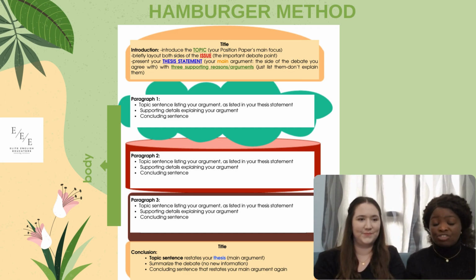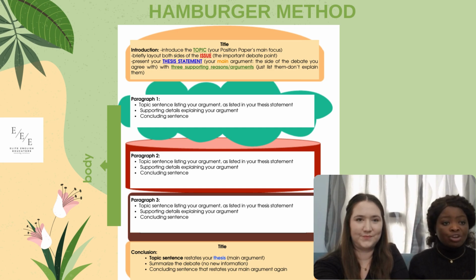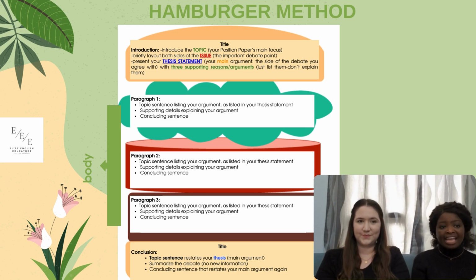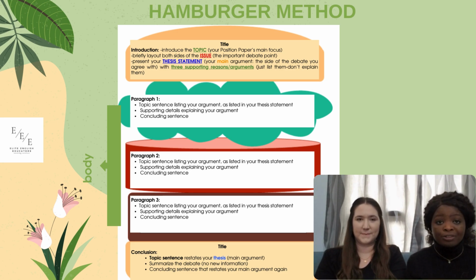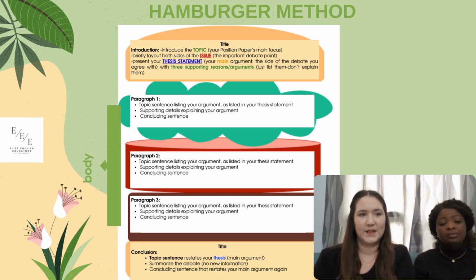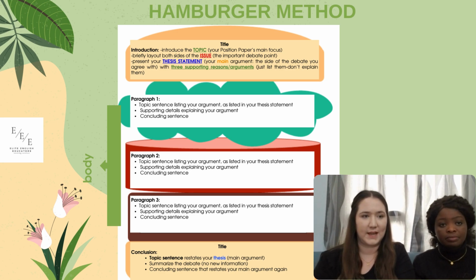To start off your introduction paragraph, you will need a topic sentence. We're going to show you how to write a topic sentence later, and you can't do this until you've written your thesis statement. We'll show you how to do that later. After you've written your topic sentence, you should have some sentences that briefly lay out both sides of the argument. This shows that you understand both sides.